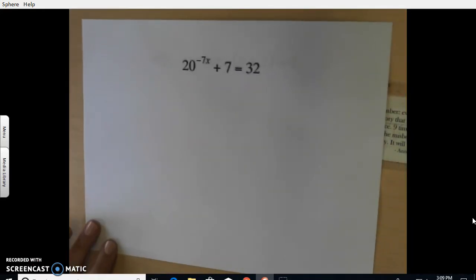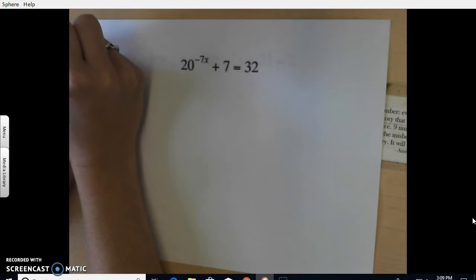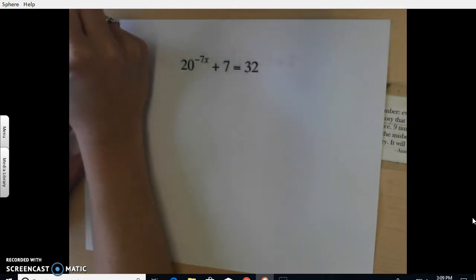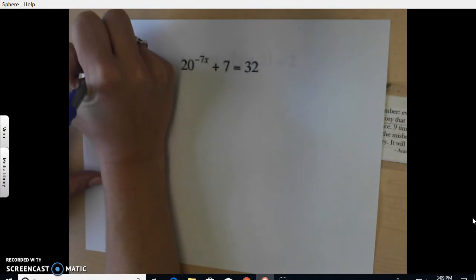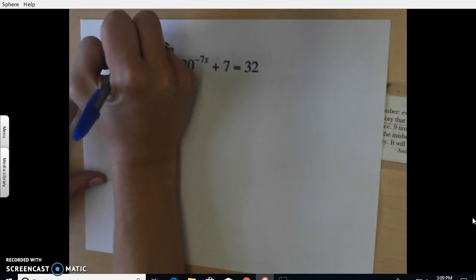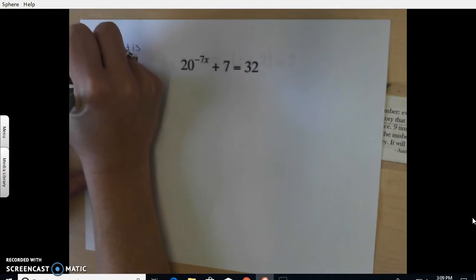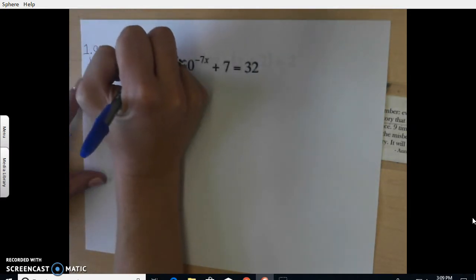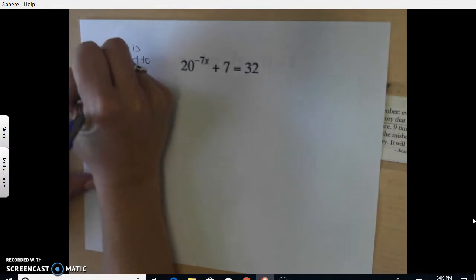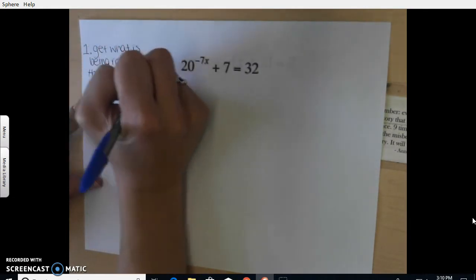And then we have exponential equations where we can't rewrite. So the first thing we are going to do is 1, get what is being raised to the power alone.